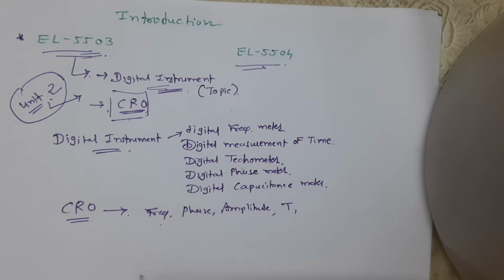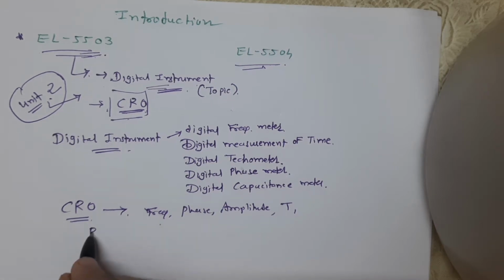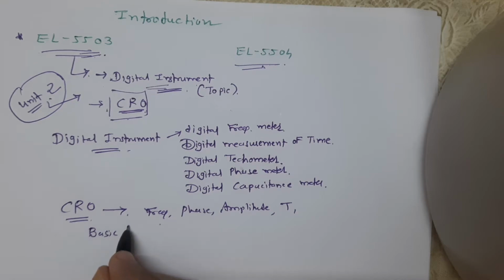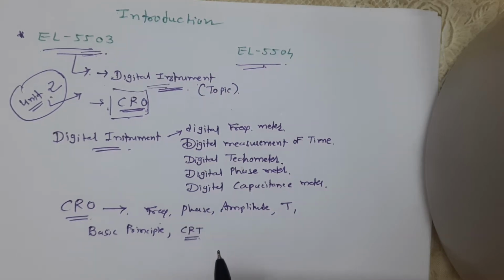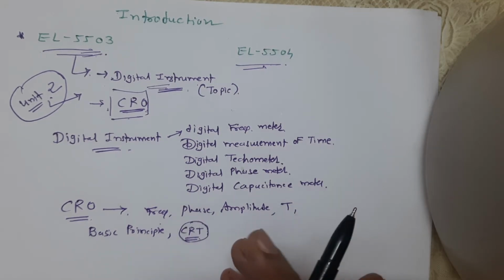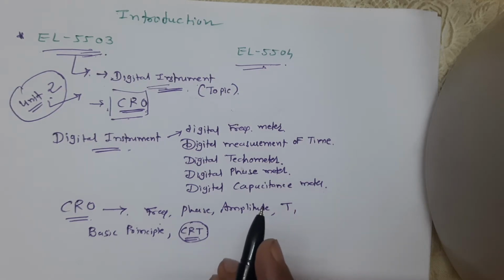In this CRO, we also discuss the basic principle of the CRO, then CRT. CRT is a part of the CRO. The full form of CRT is cathode ray tube. With the help of this cathode ray tube, we can provide the visual representation on the screen of the CRO.